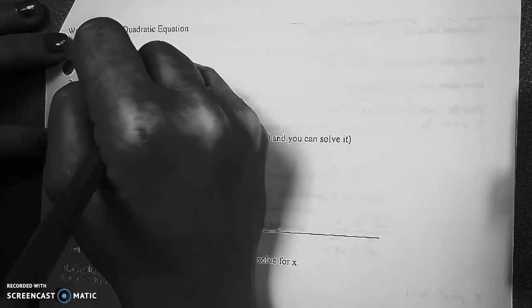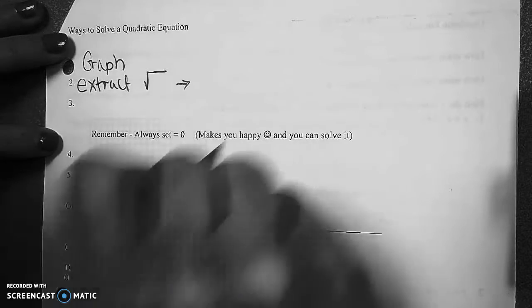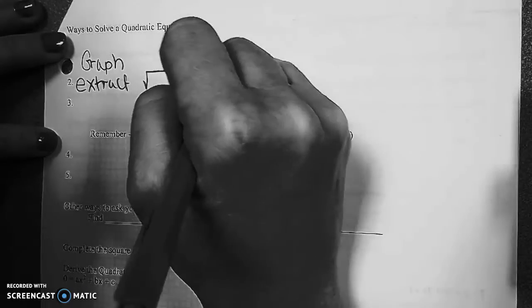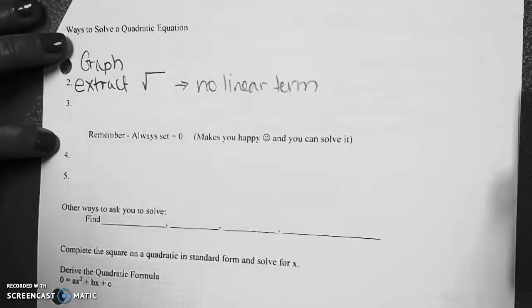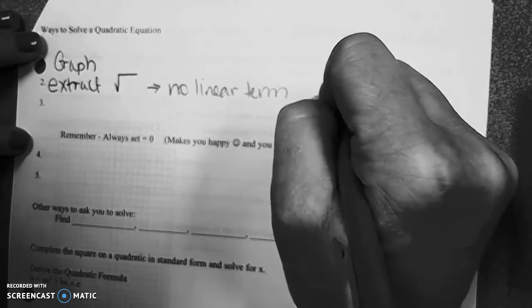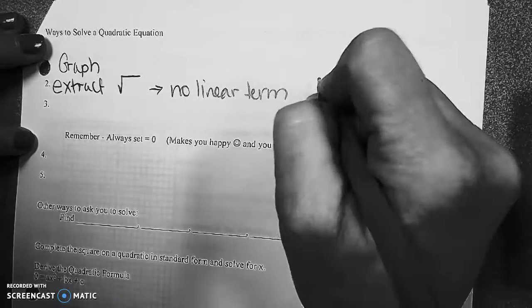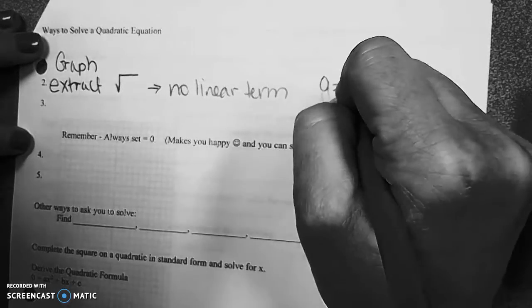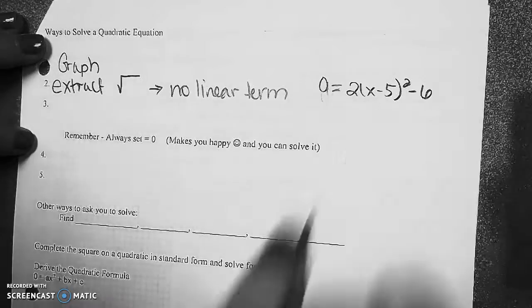Method 2, we could extract the square root. And in order for it to be in that form, you're going to have no linear term. So, for example, I'm going to set this equal to 0, a problem like 2 times (x minus 5) squared minus 6, we'll say.